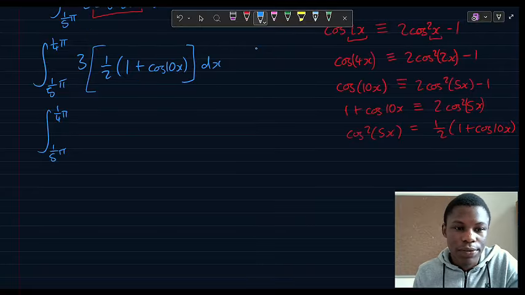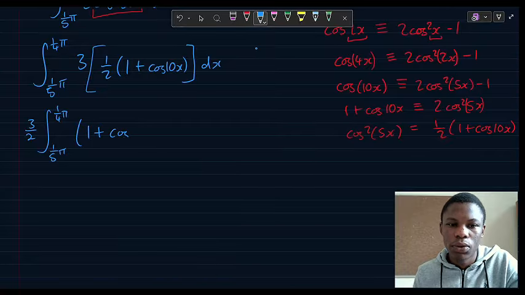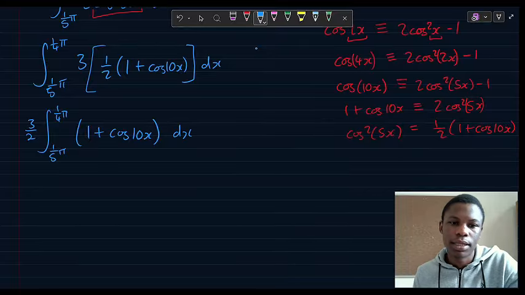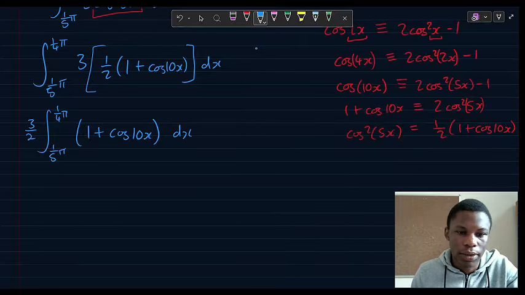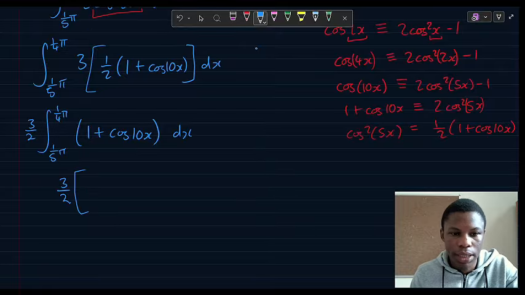So 3 times half, 3/2. And I'll actually just take that outside the integral sign so that I'm left with 1 plus cosine of 10x, with respect to x. And now this is a lot nicer, and we can integrate this with ease. So 3/2, integrate 1, you get x, plus if you integrate cosine, you get sine of 10x.